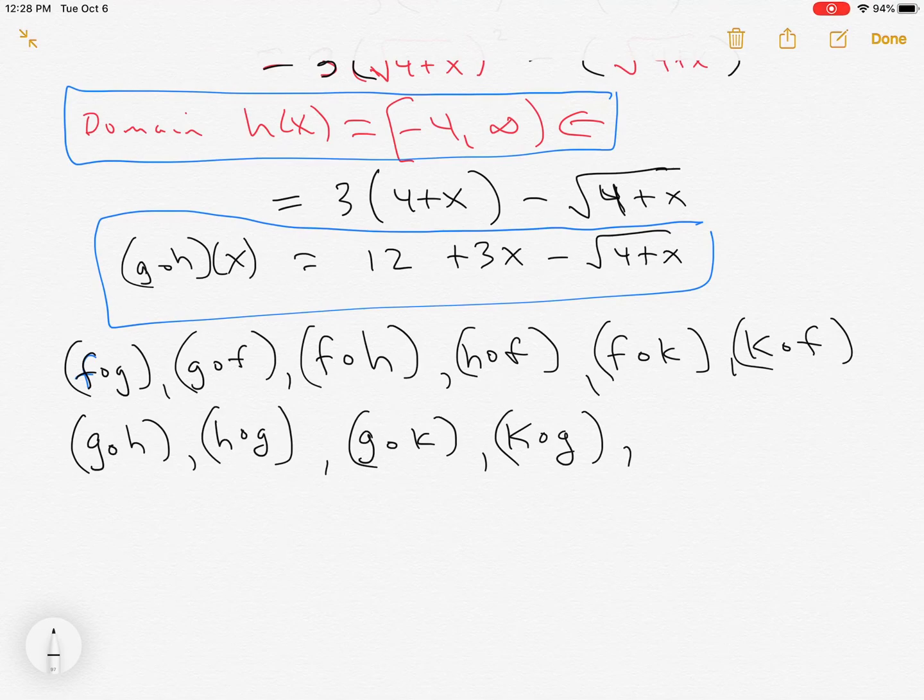And what's left? h composed with k, and k composed with h.